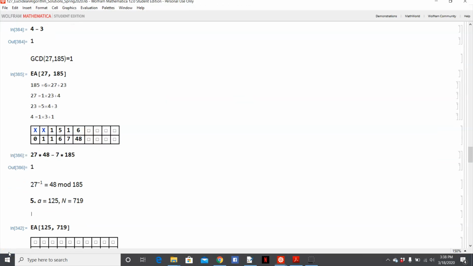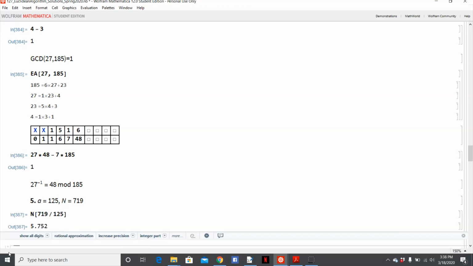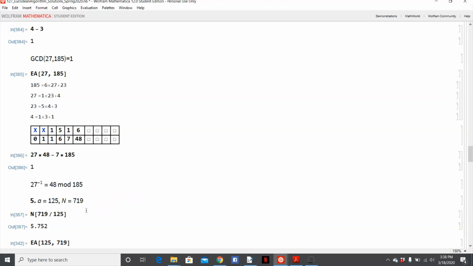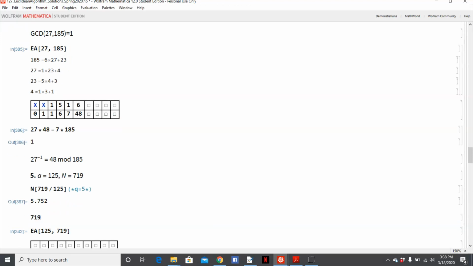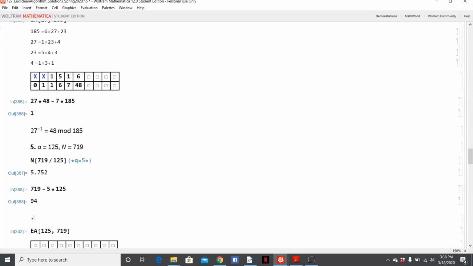Okay, so let's continue on. We will take 719 divided by 125, and this gives me a quotient of 5. All right, so 719 minus 5 times 125 is 94.